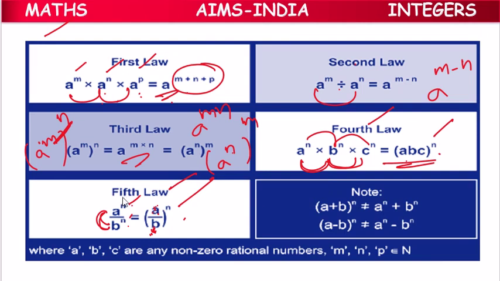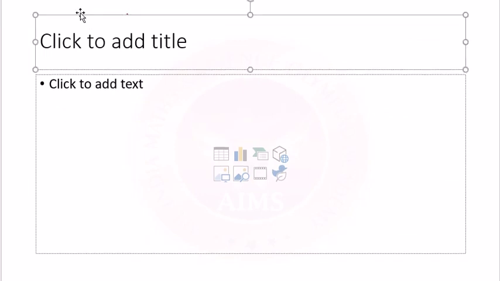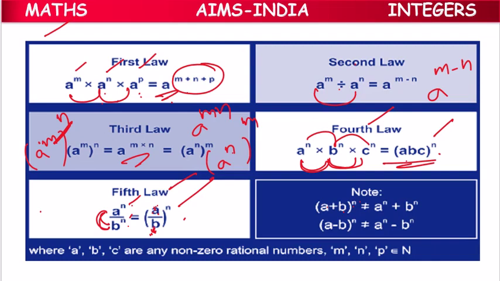And one more thing here. Suppose we have (a+b)^n.